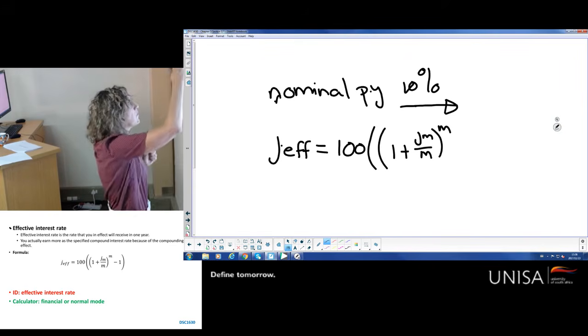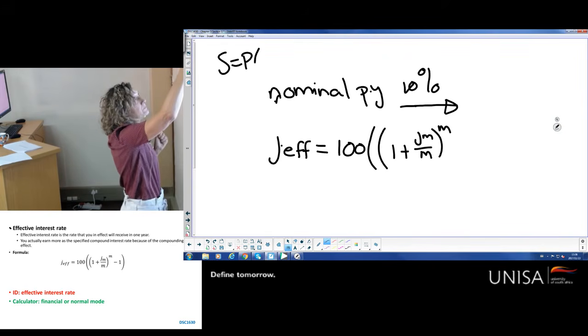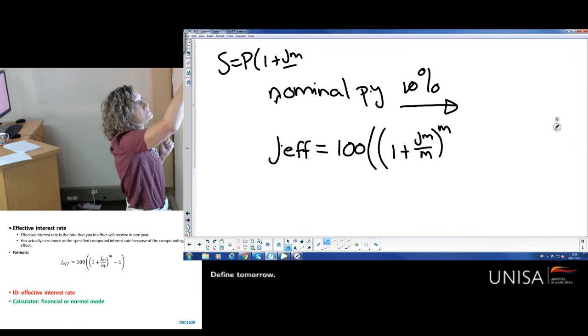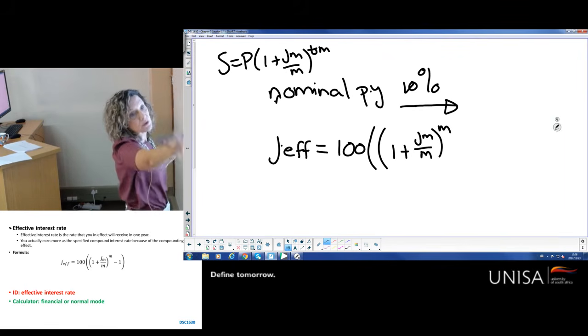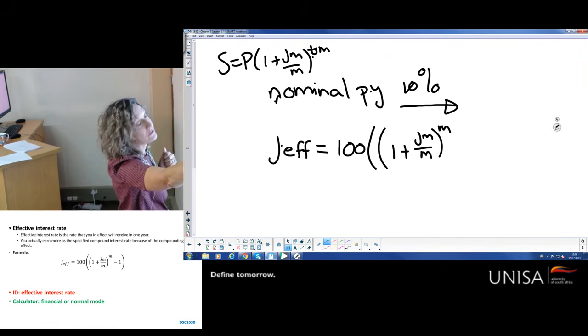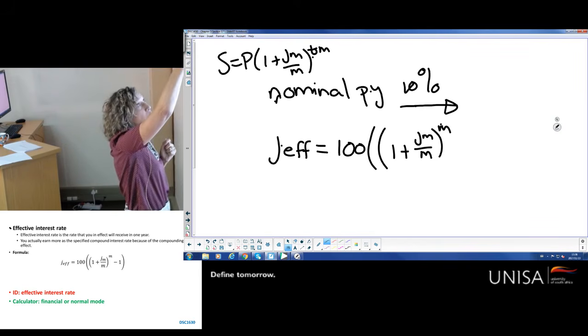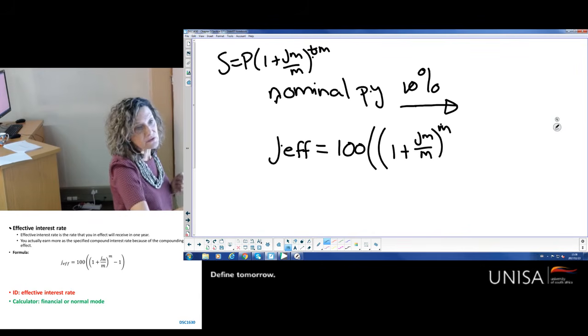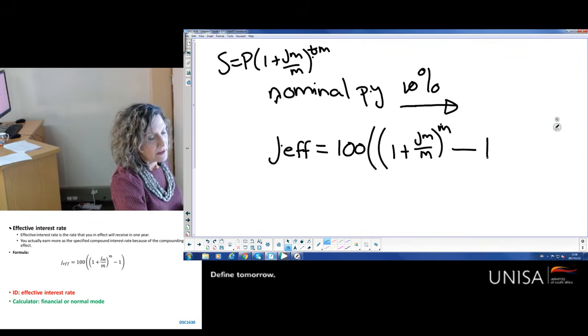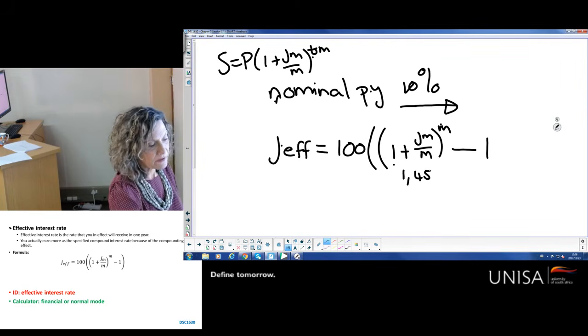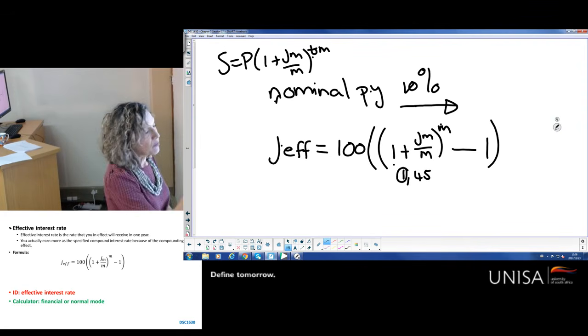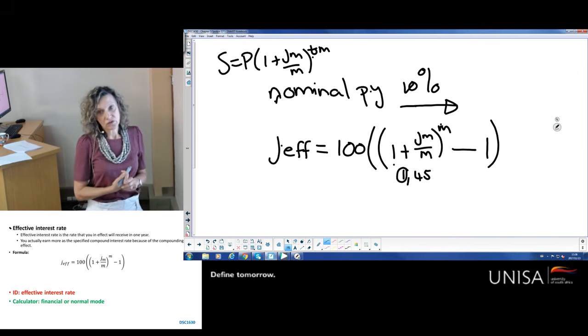If you look at our formula, if T is 1, that falls away, which gives you your M. So if we look at 1 year, it will just look like that. If you calculate that, it will give you an answer like 1,45 or whatever. To get that 1 away, that's why we've got the minus 1 and multiply it by 100 to get our interest rate.